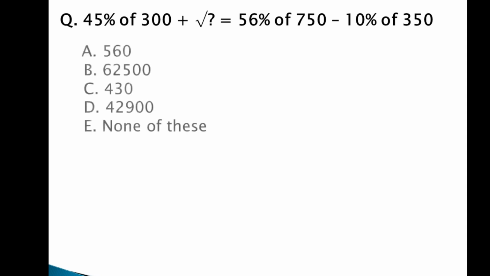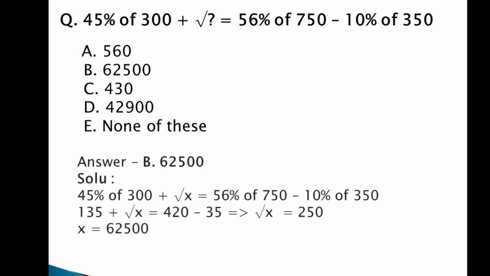Your options are option A 560, option B 62,500, option C 430, option D 42,900 and option E none of these. Your time starts. Your time finish. Your answer is option B, which is 62,500.